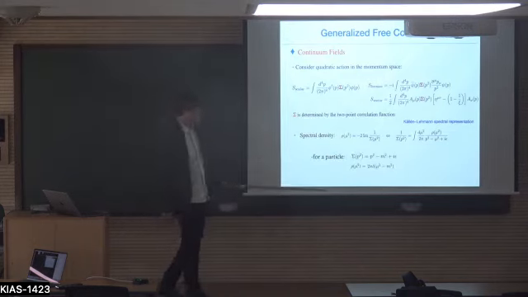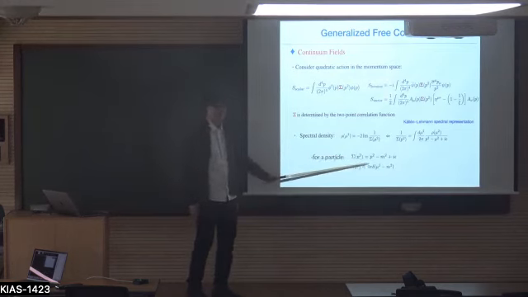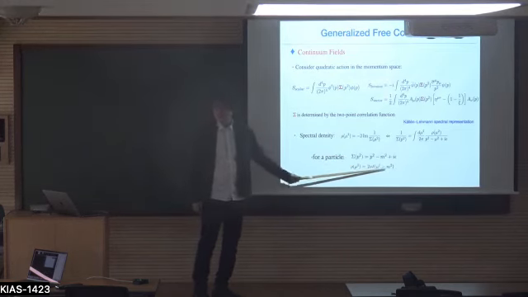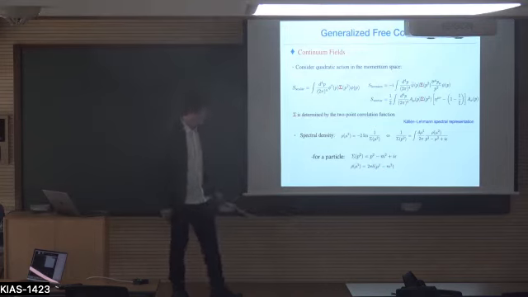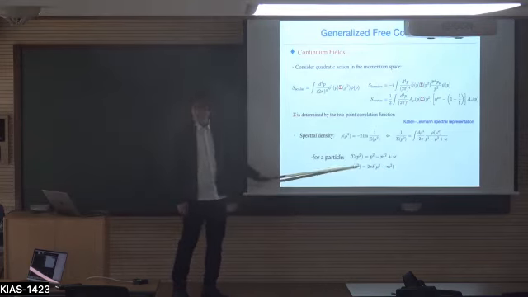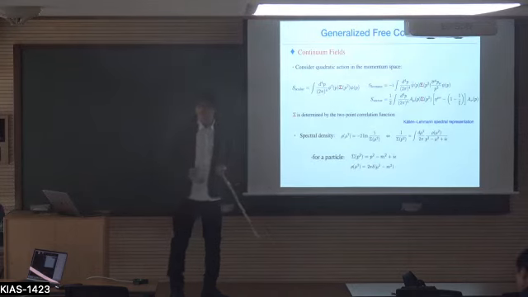For a particle, sigma will be just p squared minus m squared plus i epsilon. And then for the spectral density, you get the delta function, right?